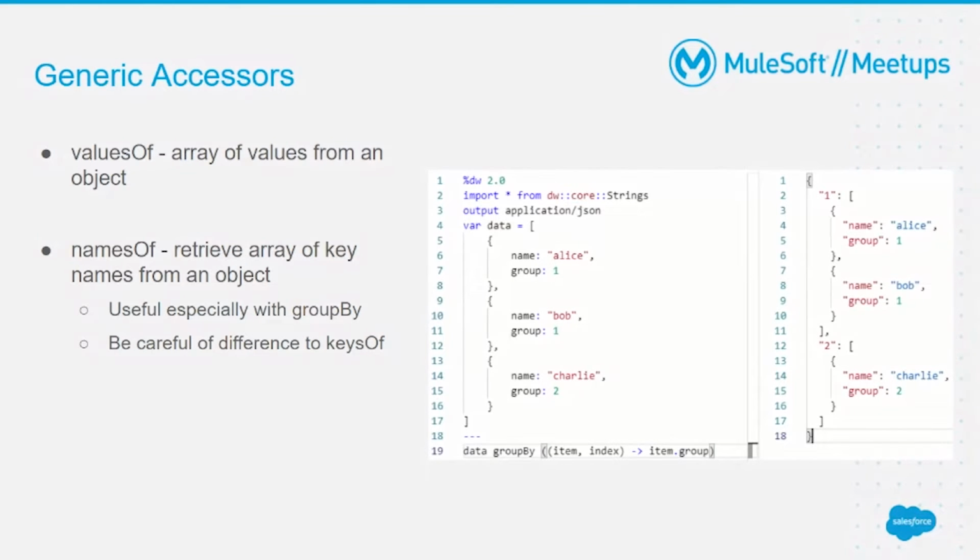There's a couple things to be careful of here. There is another function called keysOf. This gives you an array of keys, and the output of namesOf and keysOf looks identical. This has been some debugging frustration for me multiple times. I'm not sure why I can't get this into my head. keysOf returns a set of type key, and it looks like strings and it prints out like strings, but you can't compare them to strings unless you coerce them into strings.